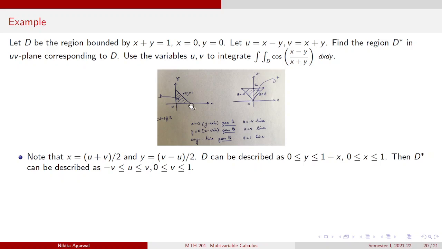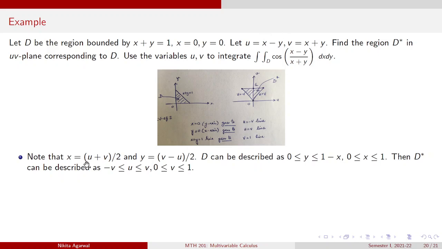So what is y equal to 0? y equal to 0 is the x-axis. Where does it go? Let me explain it in some other way. Here u and v are written in terms of x and y, but we want x and y in terms of u and v. So x is given by this and y is given by this, just simple manipulation.